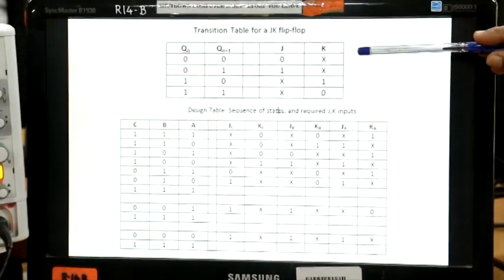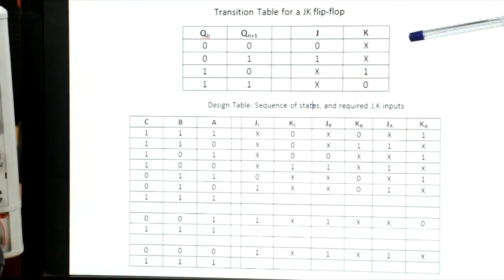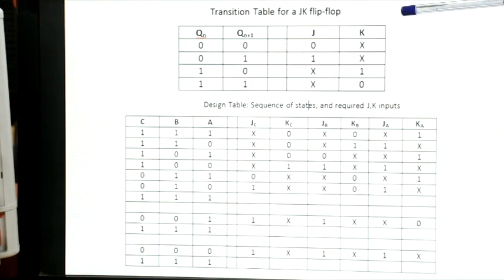So this being a synchronous counter, you need to design it. Let me not go through them in great detail, but let's quickly show you a few things. Number one, for designing a synchronous counter, the first thing you need to do is write the transition table, which you arrive at from the JK truth table or the function table.